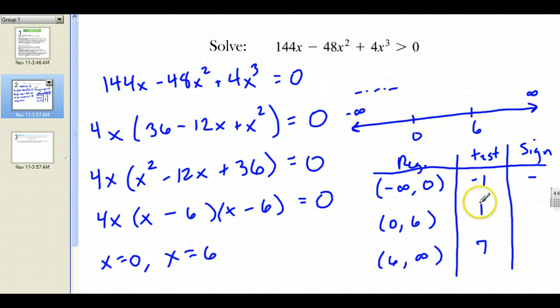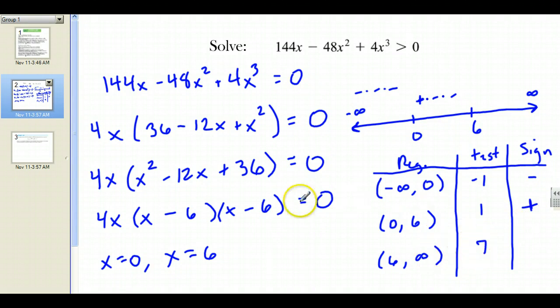Then from 0 to 6, if I put 1 in there, 4 times 1 is 4, which is positive. Then 1 minus 6 is negative 5, so positive times negative. And then again, 1 minus 6 is another negative 5, so negative. Positive times negative is positive.